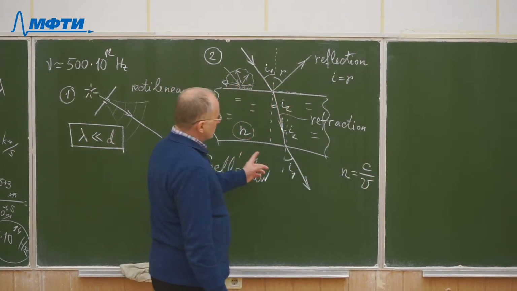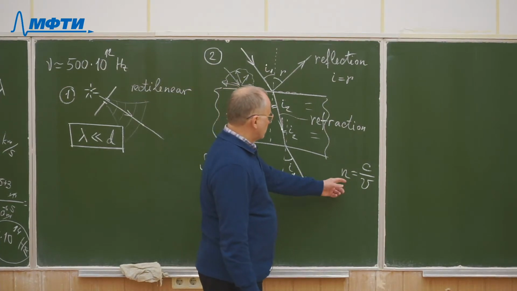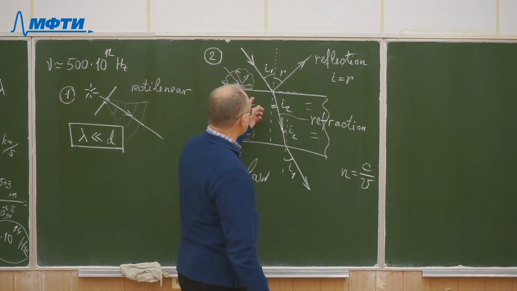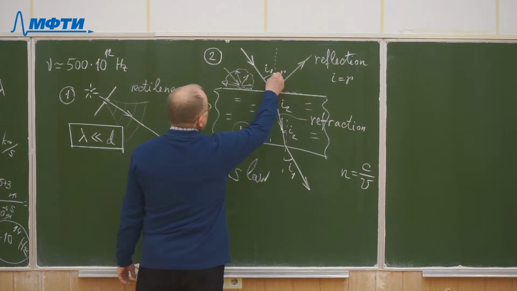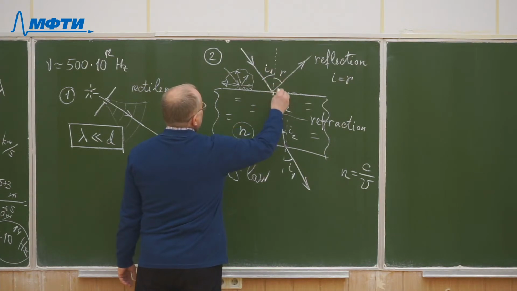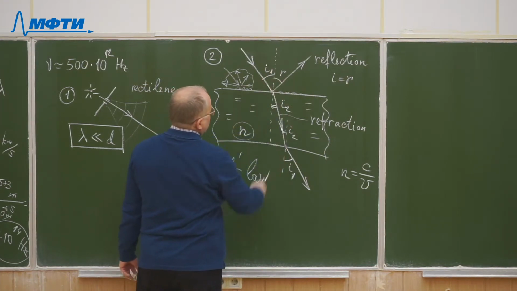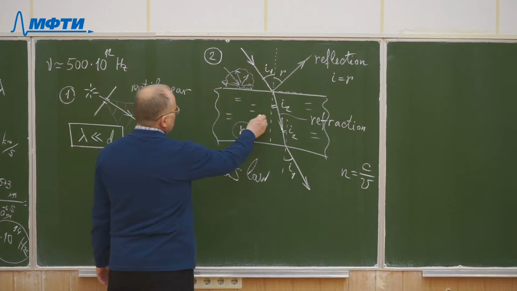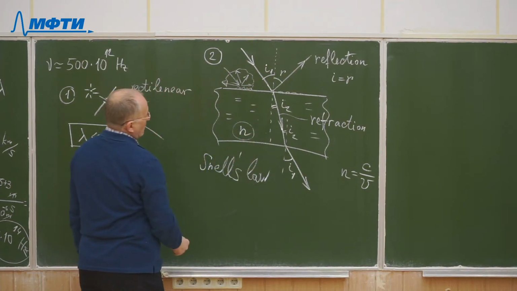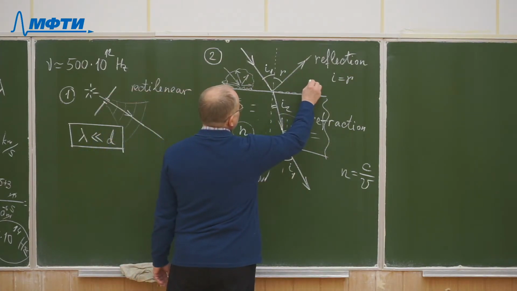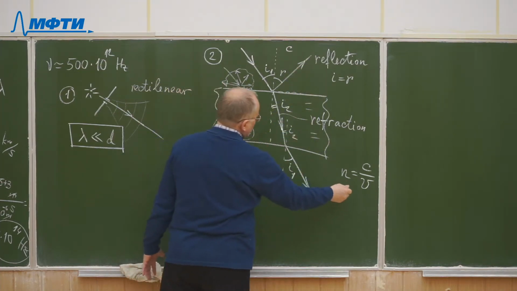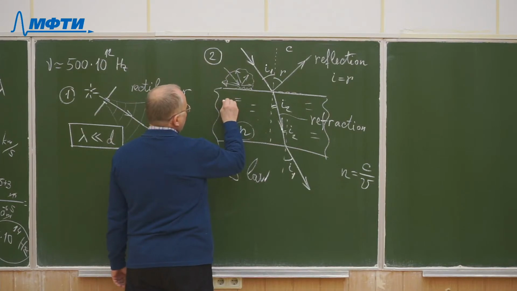So this just says what will be the speed of light in the medium. And Snell's law connects the phenomenon of refraction with the speed of light in this medium. Suppose this is a vacuum and the speed of light here is c, and the speed of light here is much smaller, v.